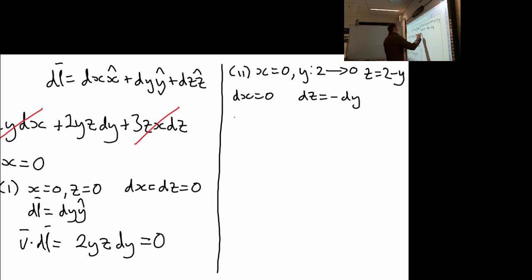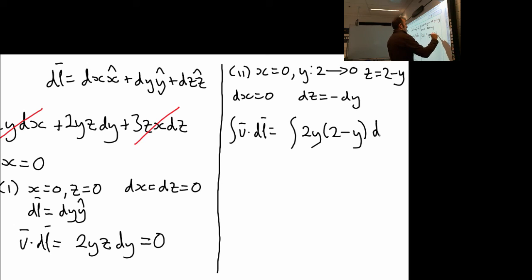Our integral of v dot dl for this side is going to be equal to 2y into 2 minus y dy, and the limits are from 2 to 0.